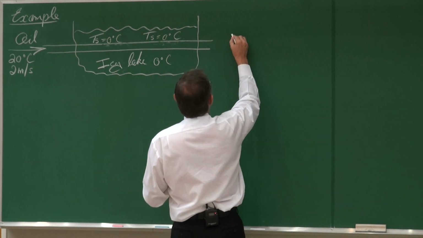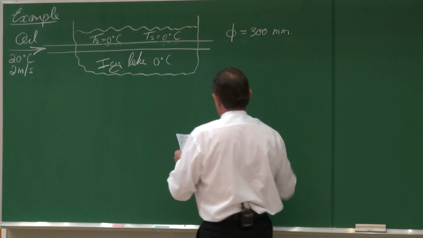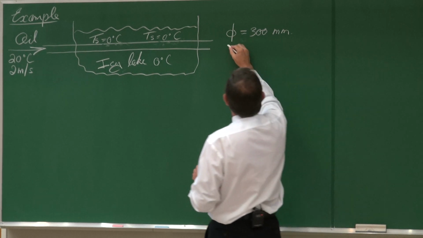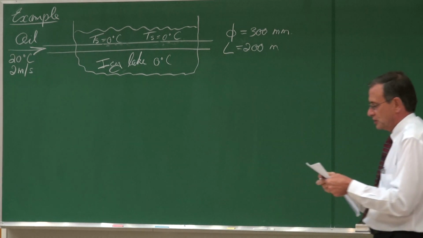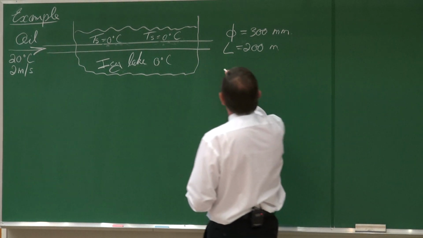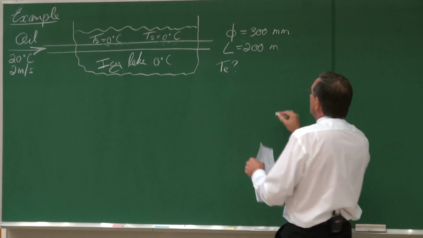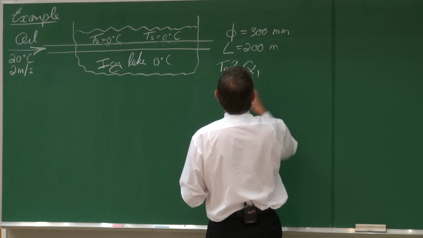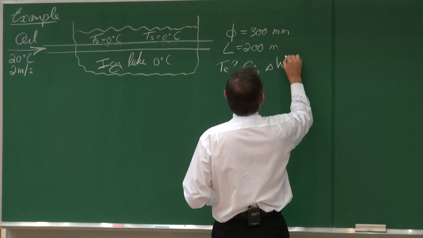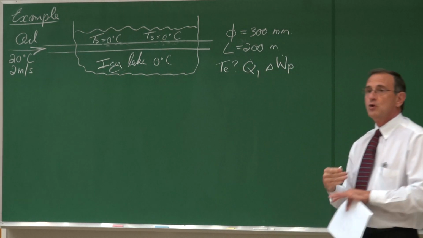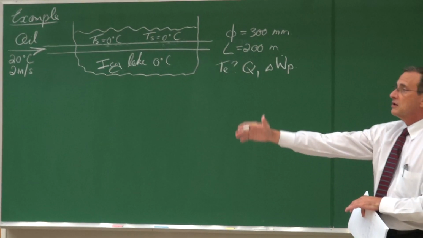Now, what is also given is that the tube diameter is 300 millimeters, and the length of the tube is 200 meters. And we are asked to determine the outlet temperature of the oil, the heat transfer rate that will occur, as well as the pump power required to pump this oil underneath the icy lake.